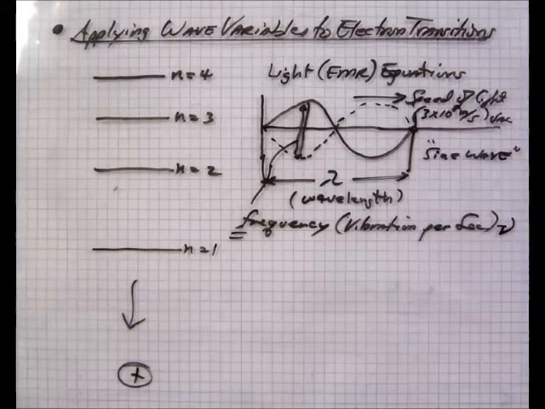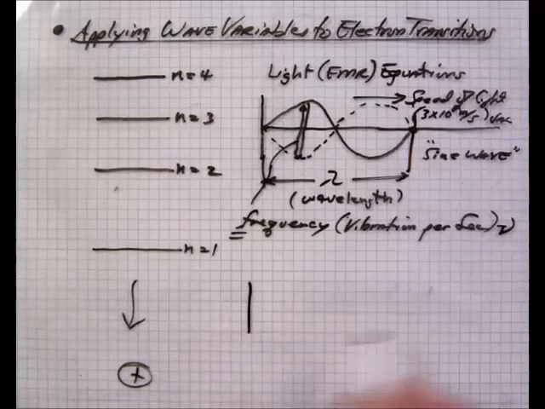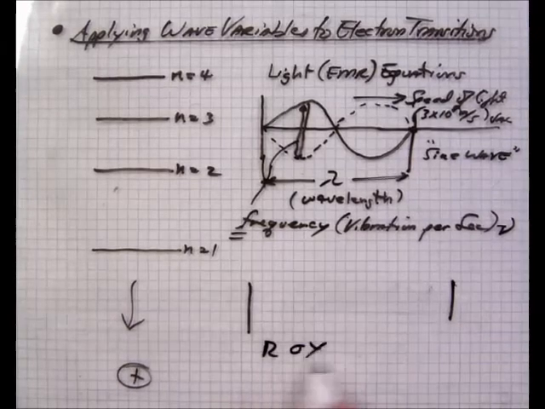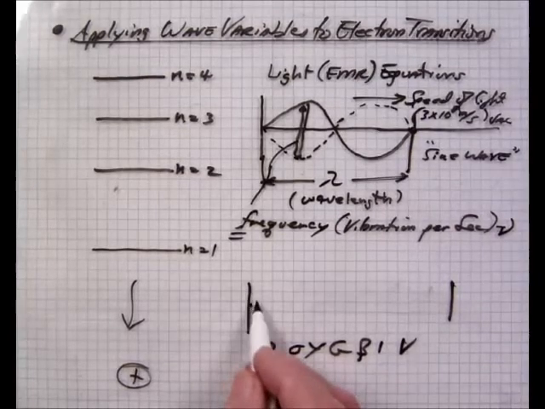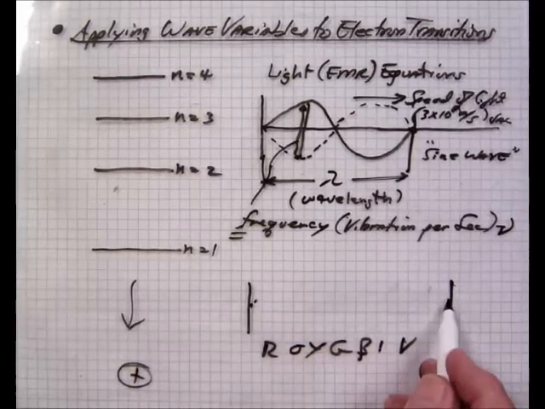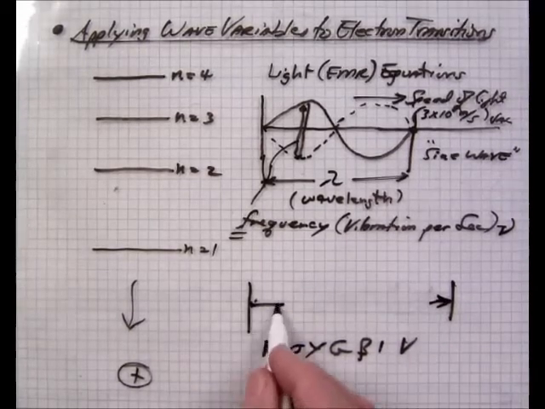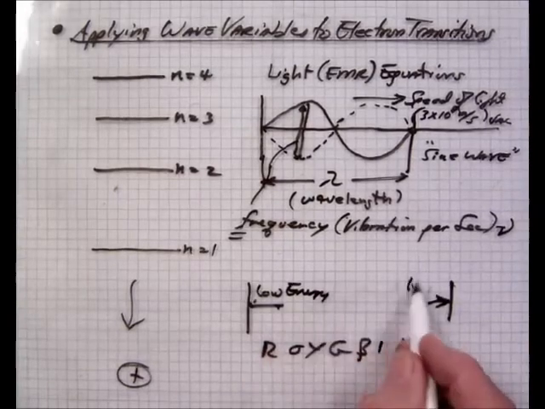And what's the relationship between them and the various colors? If you look at the bright line spectrum, ROYGBIV, going from red to violet, you go from a low energy to a high energy.